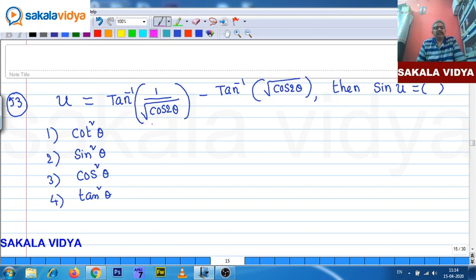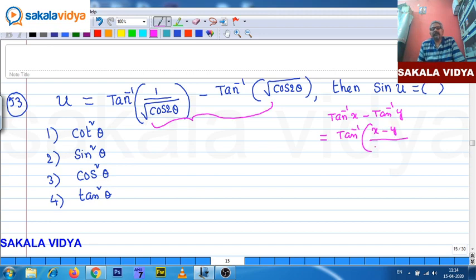This is in the form of tan inverse x minus tan inverse y, whose value can be written as tan inverse of (x minus y) by (1 plus xy). This is the plan. So now the solution follows.